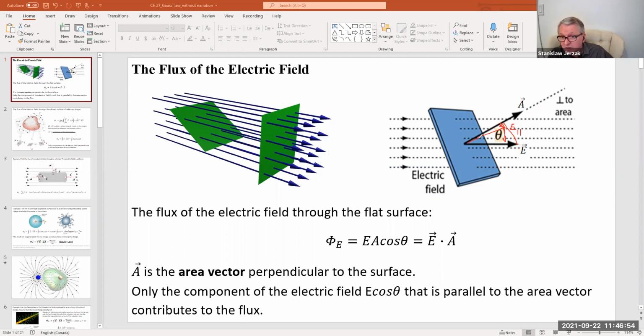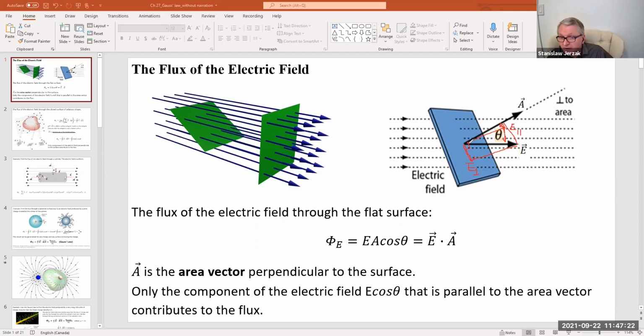So I decompose it into a component parallel to vector A and a component perpendicular to vector A. This is E perpendicular, so this angle is 90, and this component is parallel. So you see this perpendicular component doesn't pass through the surface, because it just glides parallel to the surface.